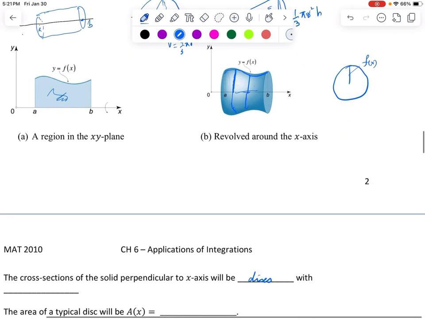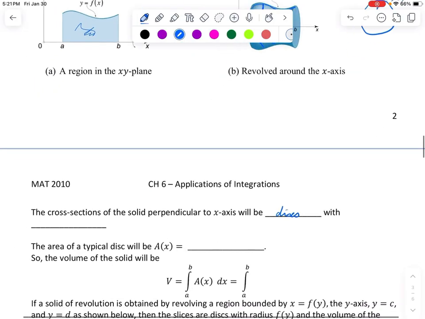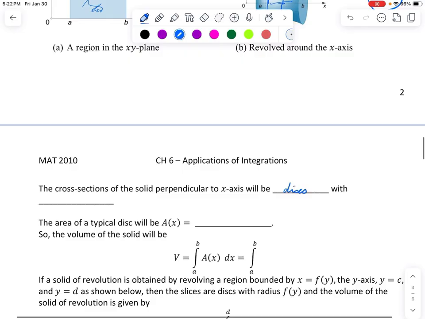So when we get those discs, they will have a thickness dx. So we get discs with radius f of x.